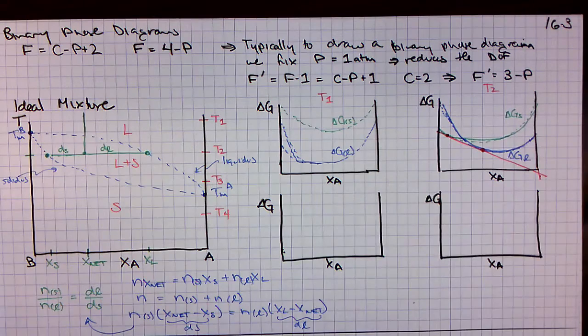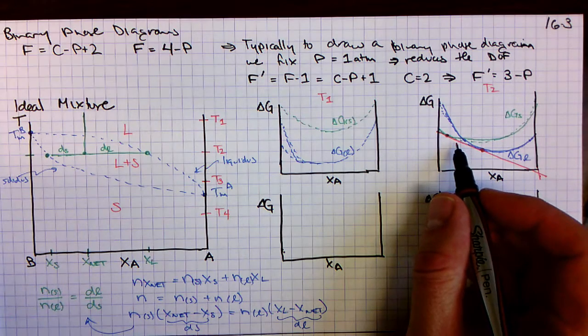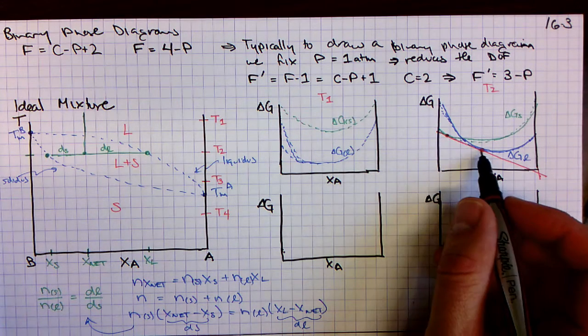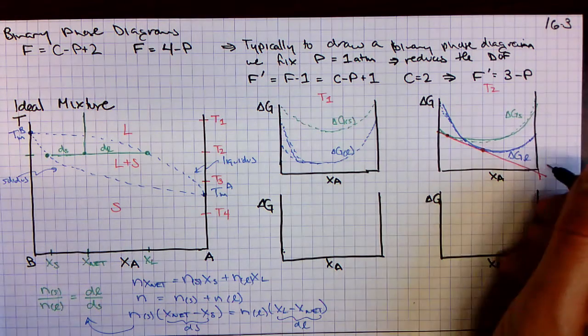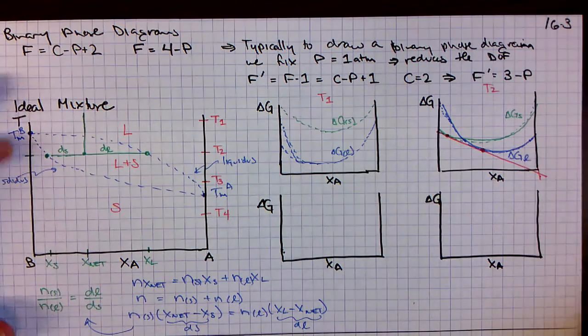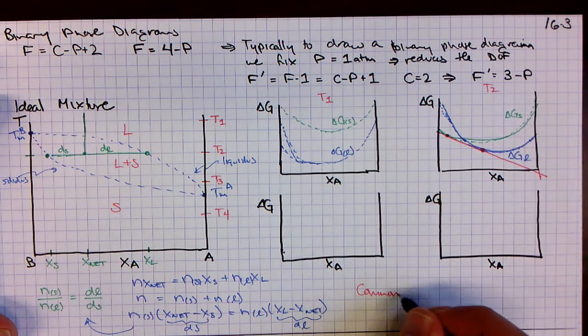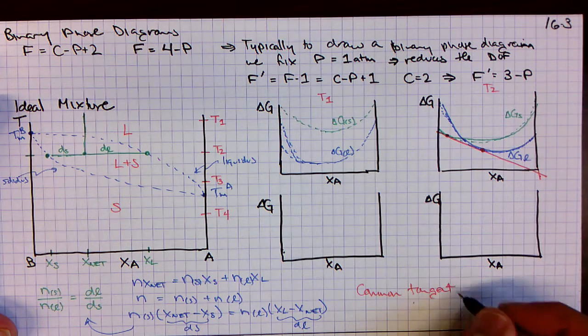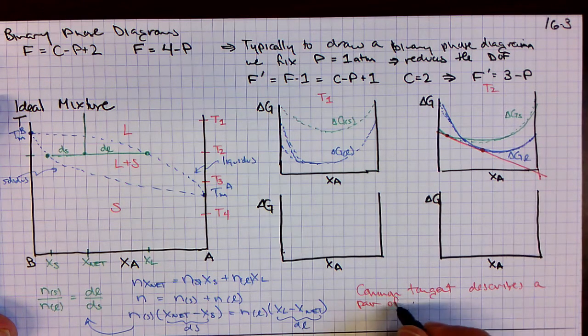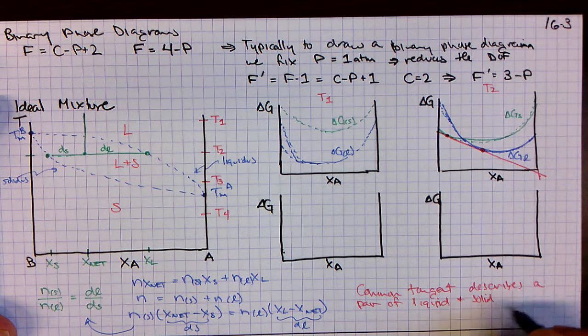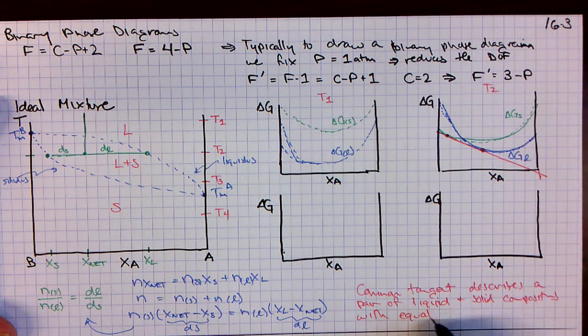And if that's the case, then those two can coexist. And they can coexist at any composition that falls along this line. So what we're going to say is that the common tangent describes a pair of liquid and solid compositions with equal chemical potential.